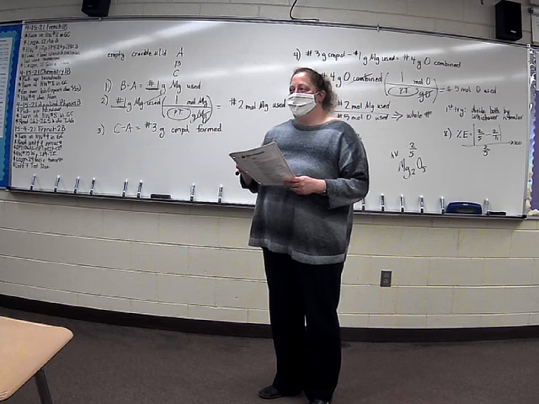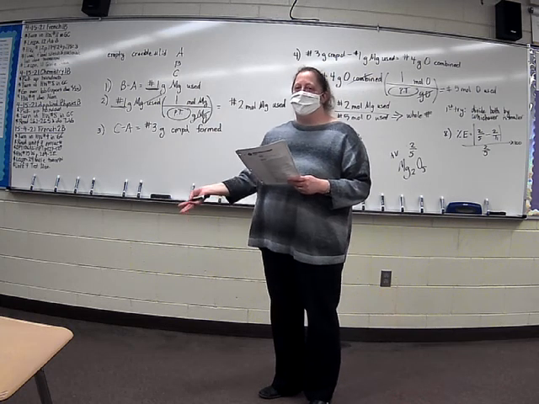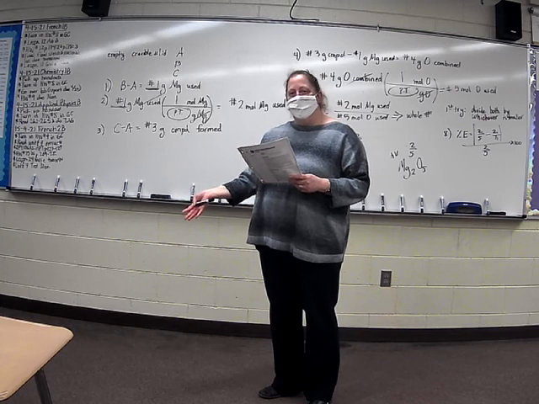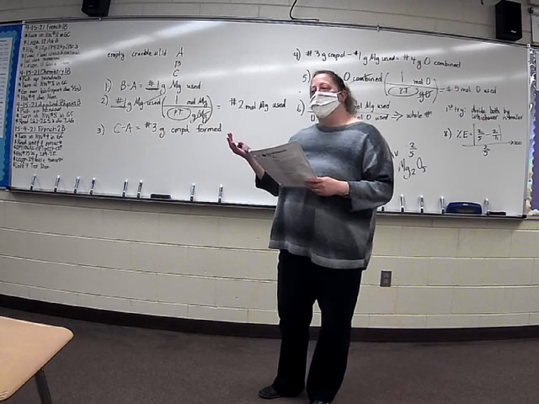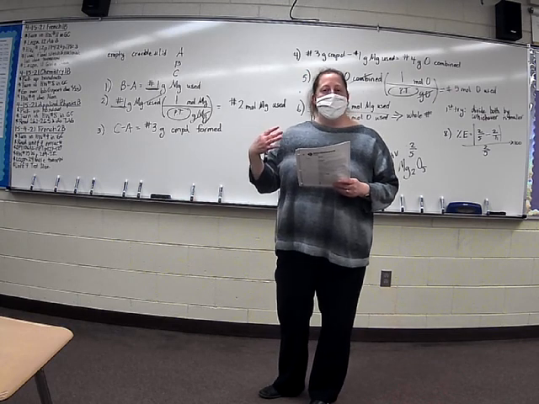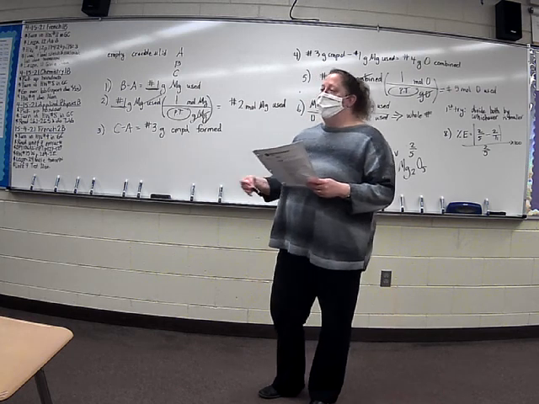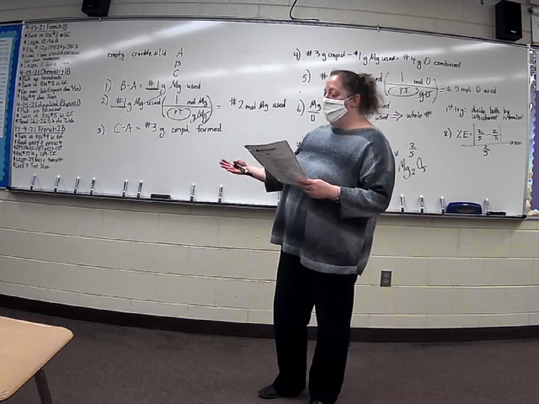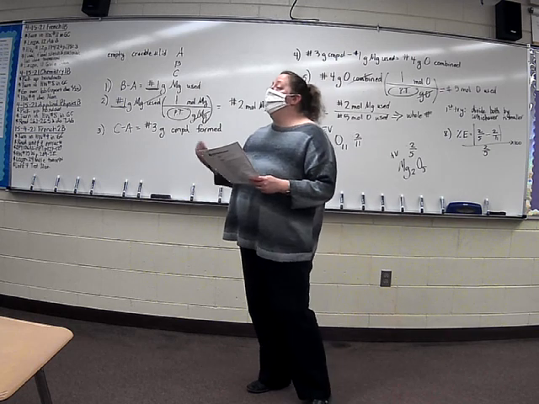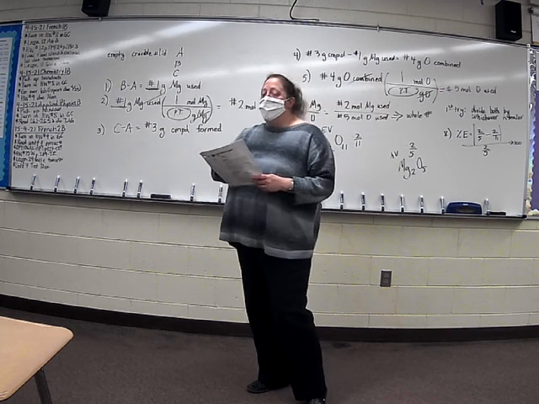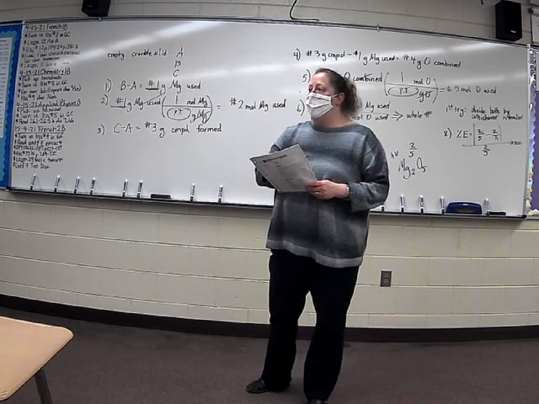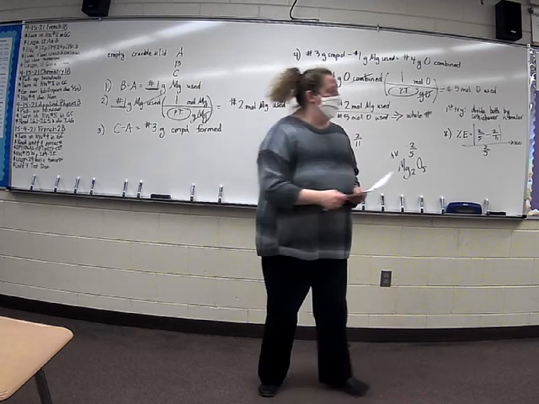How many carbon atoms is that? 2. How many hydrogen atoms is that? 6. But remember, that's also moles. That's part of what we talked about in this chapter. So the other way we can interpret that is 2 moles of carbon atoms and 6 moles of hydrogen atoms. There's no math required to answer question 11. It's just interpreting it both ways.